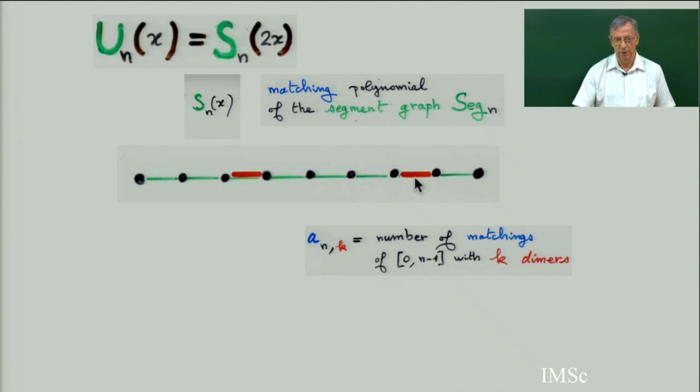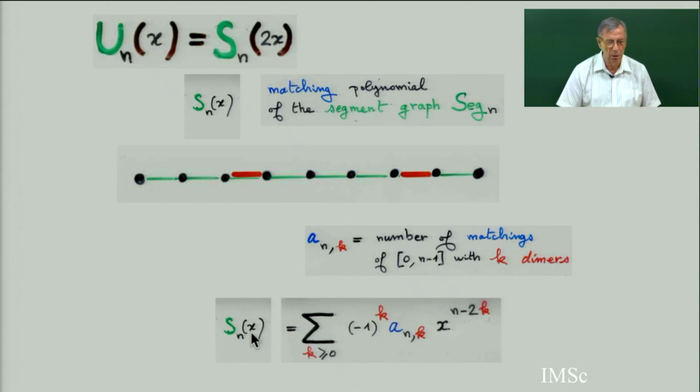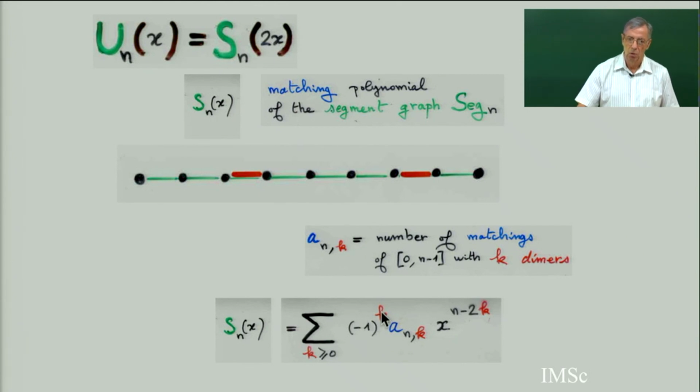So this is a segment of length 10 and k equals 2. So take the number of such matchings, and the matching polynomial is going to be this polynomial, the sum over all possible k of (-1)^k, this coefficient a_{n,k}, and x^{n-2k}.